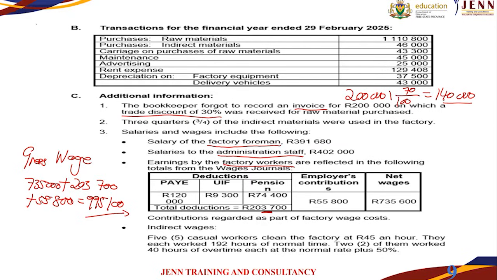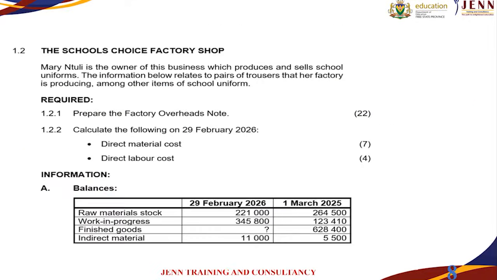All right. Now, I will go back to the previous slide where we still remember that we need to calculate direct material cost. And then now, myself and you, we also calculated the direct labor cost. So remember, we did the calculation just now. As I said earlier, the aim is also to understand the production cost statement.